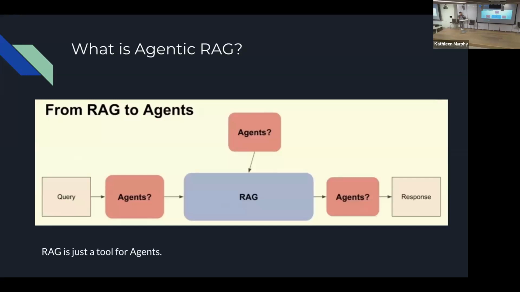Then we can use this agentic RAG. So as you can see, with a query, RAG, and a response, it's a very original RAG system, right? But we can have agents at the beginning and at the end of the RAG, and also we can have another agent call the RAG. So basically here, RAG becomes a tool for the agent.